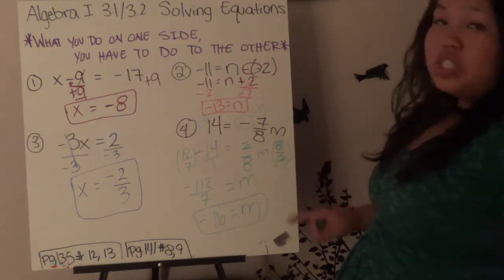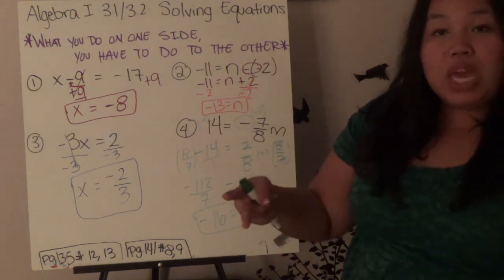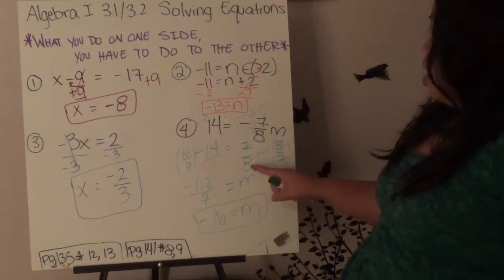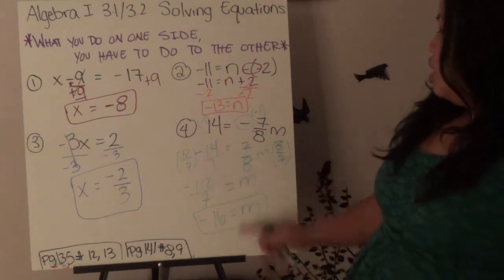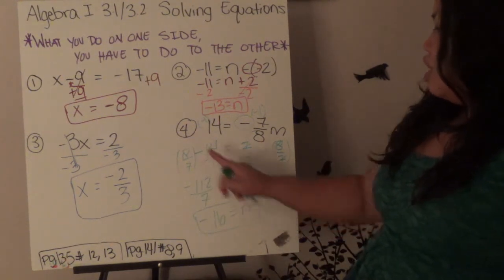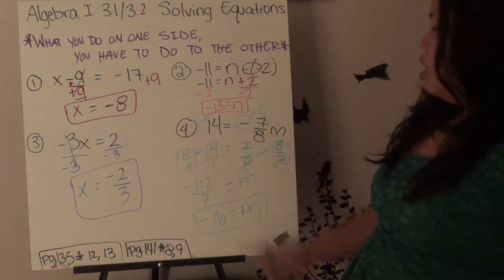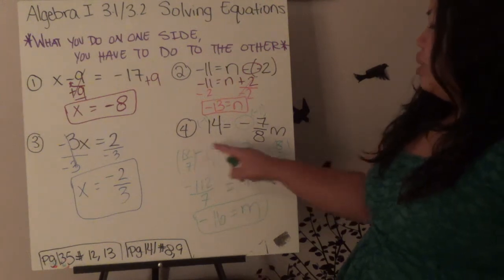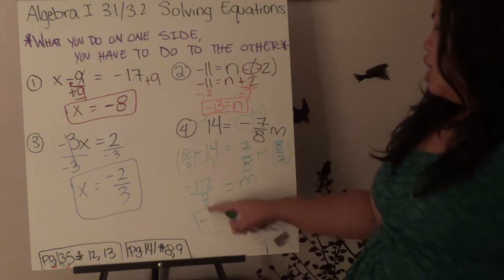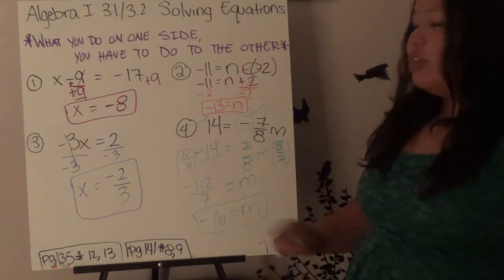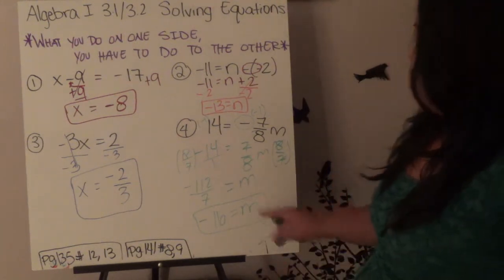This one, in a fraction, the opposite would be to flip it and multiply. So 7 over 8, the opposite would be 8 over 7, but I had to do it to the other side. Okay, leaving me with just m on this side, and then I do 8 times negative 14. Okay, I put it over 1. 8 times negative 14 over 7, because I multiplied across, gives me negative 112 over 7, gives me negative 16, which then is my m.